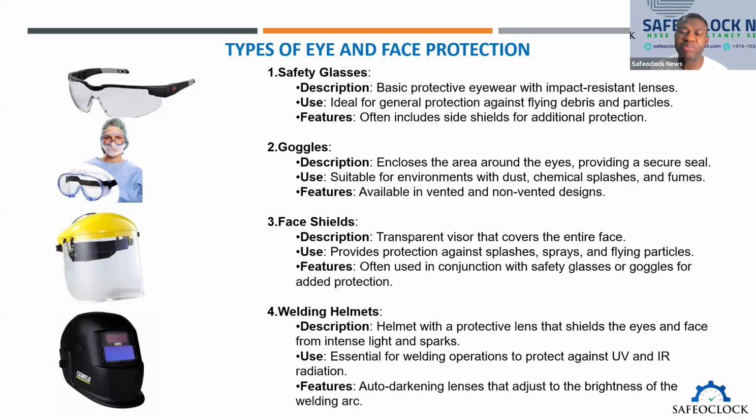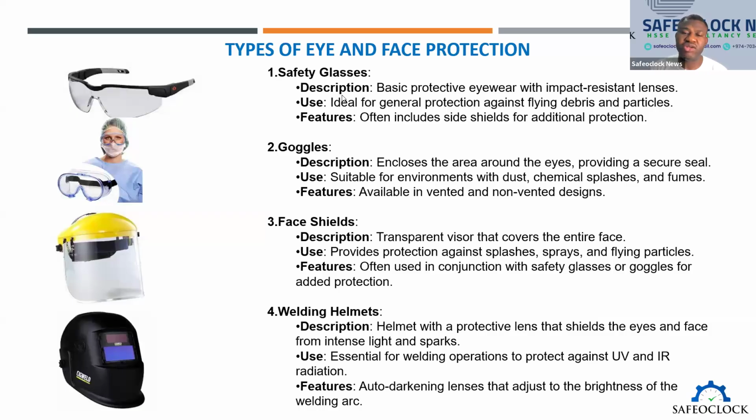You know, sometimes people just say, give me goggles or give me glasses. So you just have to ensure that you know exactly which one you are talking about. And they are mostly required depending on the industry, the activity, and the hazards or the risk available with that activity. So the other one is the face shield.